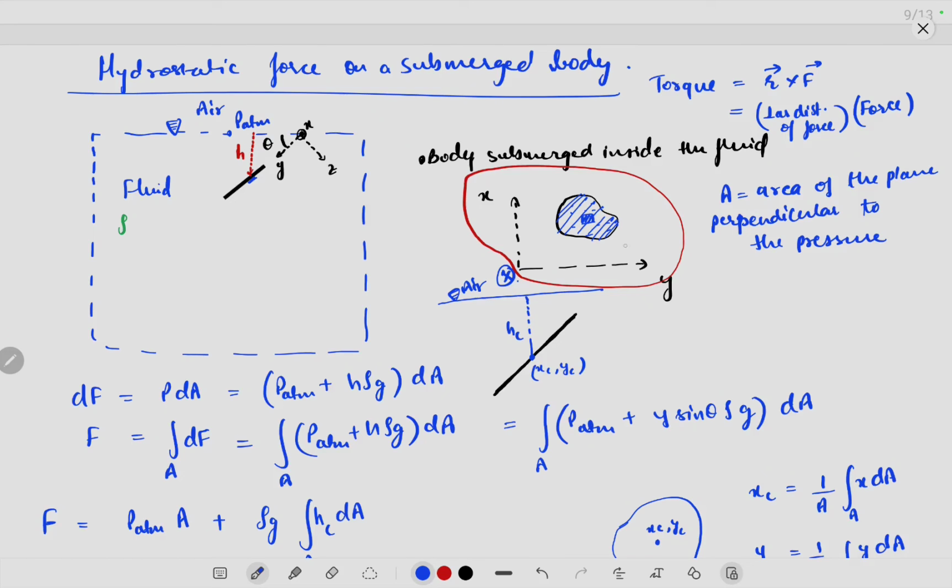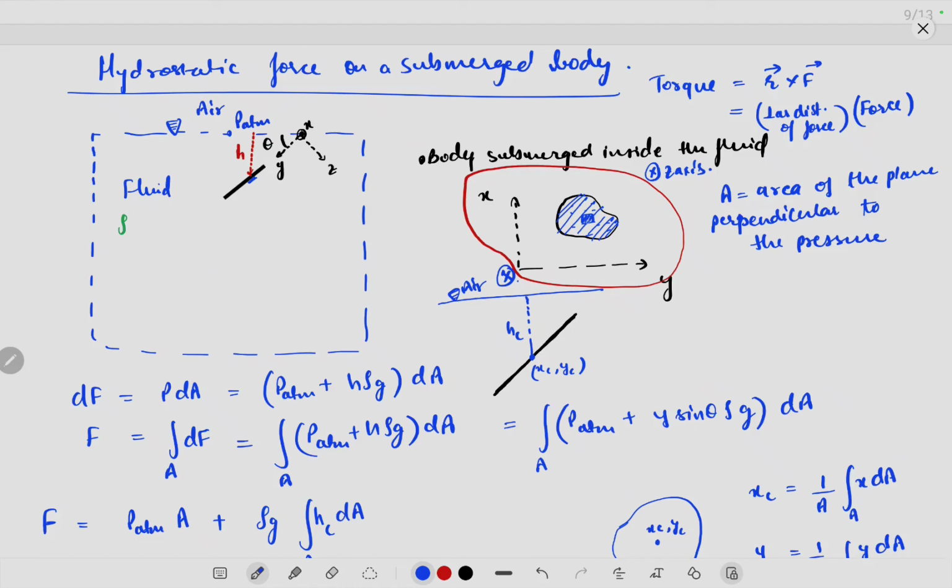Now you see this body, what is the force on this body and what is the direction of the force? As I told earlier, this is your z axis, and the force is into the plane because the pressure is acting along the z axis, and the z axis is into the plane.